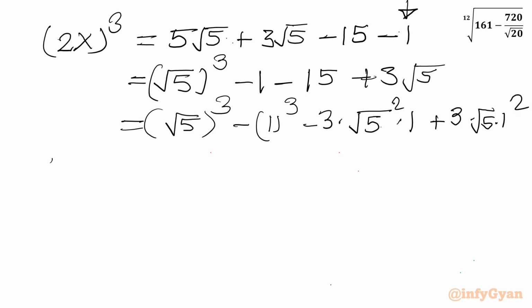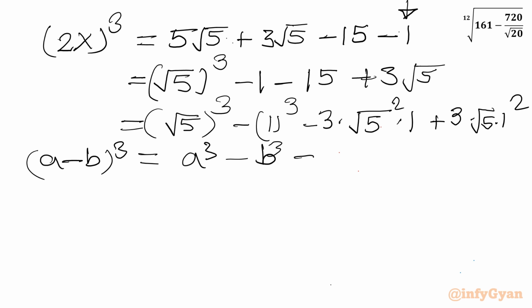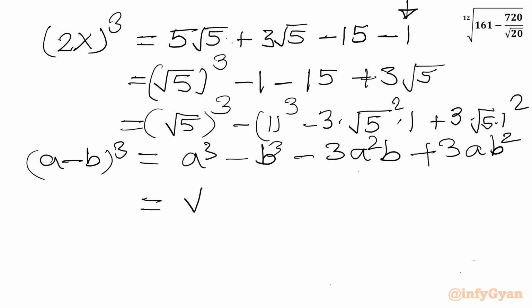So let me write the formula for a minus b whole cube first. It is equal to a cube minus b cube minus 3a square b plus 3ab square. So RHS I can write it is root 5 minus 1 whole cube, and left hand side it is 2x whole cube.